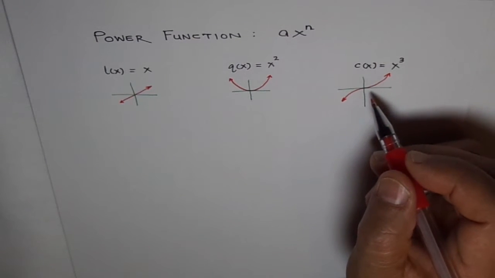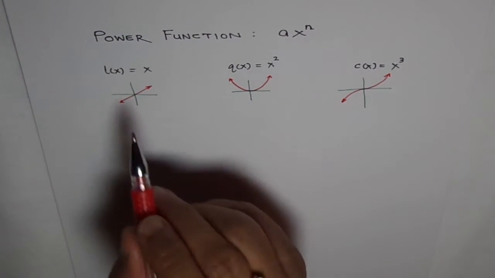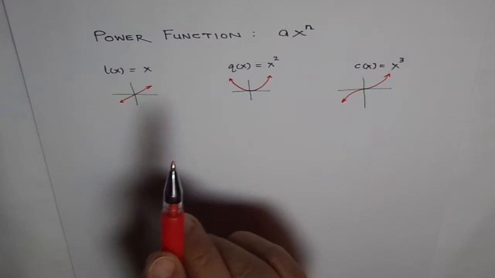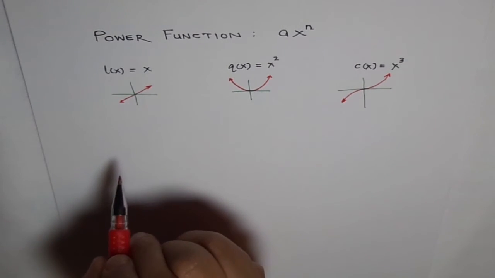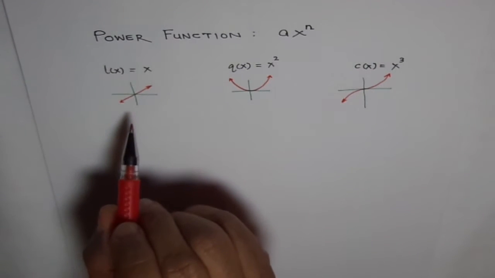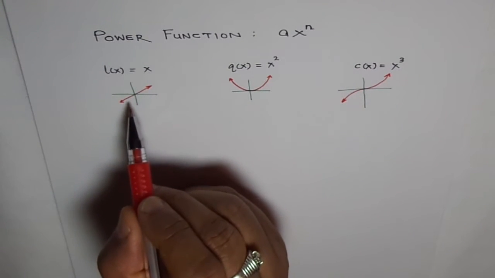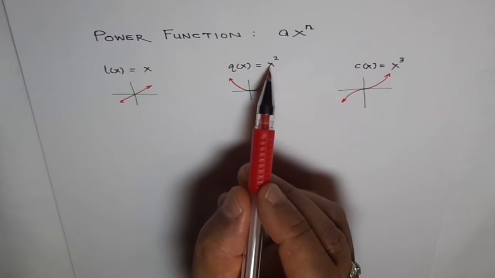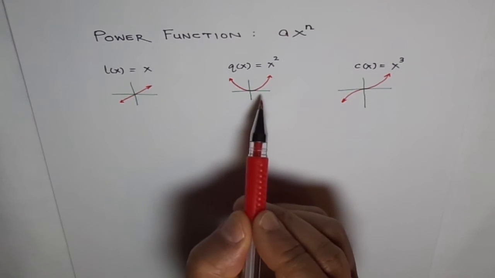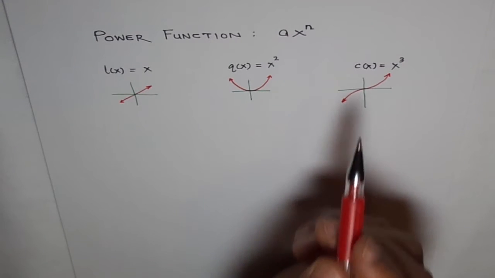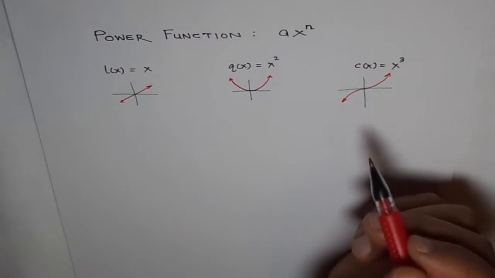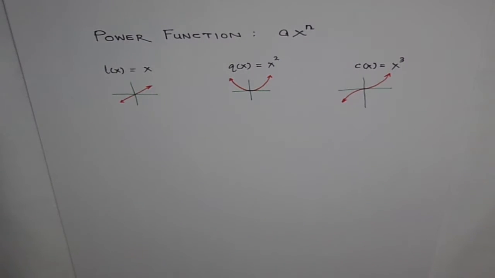So what you noticed here is, for a linear function, how does the x-intercept look? The line crosses, but in the quadratic function it turns, and in the cubic it crosses but with a bend. Okay, now let's try to understand why this difference.